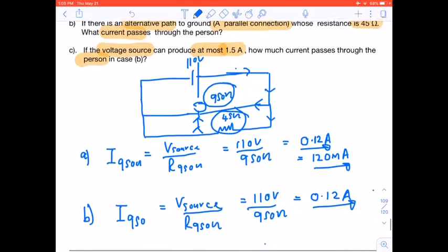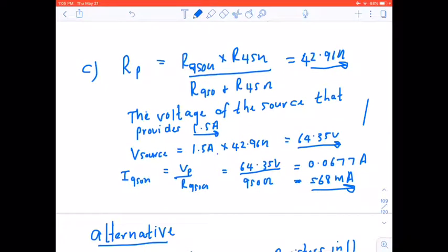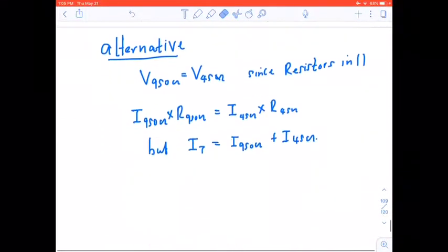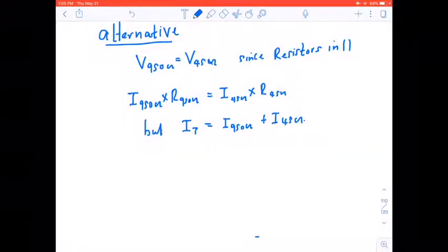Because if we've got a total current here, there's a certain amount that's going to go through there and there, but that will have to be equal to I total. Therefore, I in the 45 ohm would be equal to I total minus I in the 950 ohm resistor. Right, so that is what we have there.